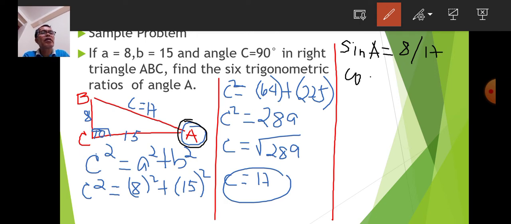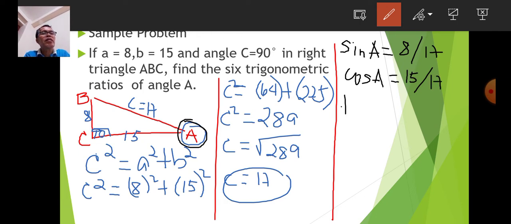Cosine A is adjacent over hypotenuse: the adjacent side of angle A is 15 and the hypotenuse is 17.